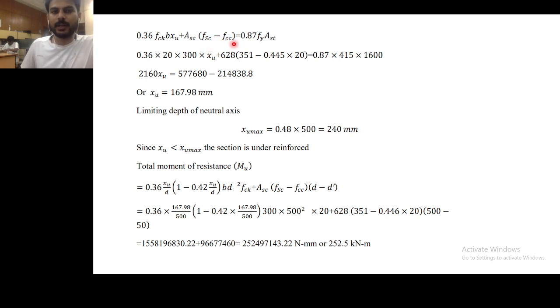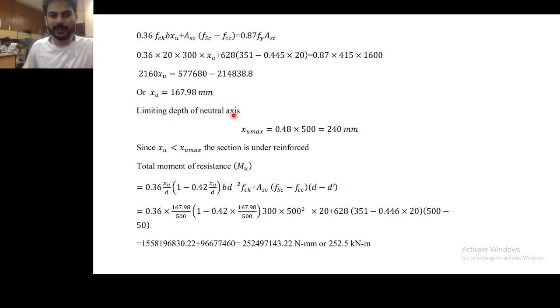So in the lecture by the professor, he has mentioned that FCC we can neglect because it will be a very small value, as you can see here also, 0.445 into 12T, which is very less, around 9 with the consideration of 351. So we can neglect that also, but it's okay. You can consider it and calculate the XU. So this is the neutral axis, we got it.